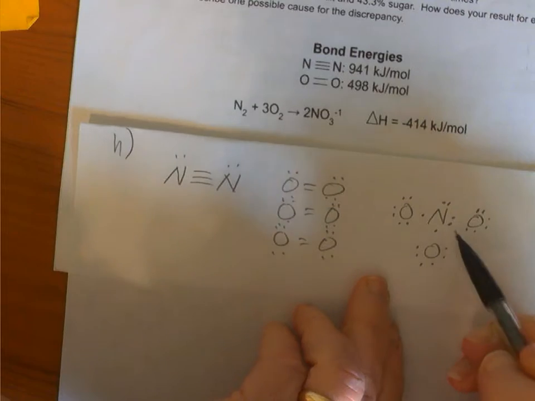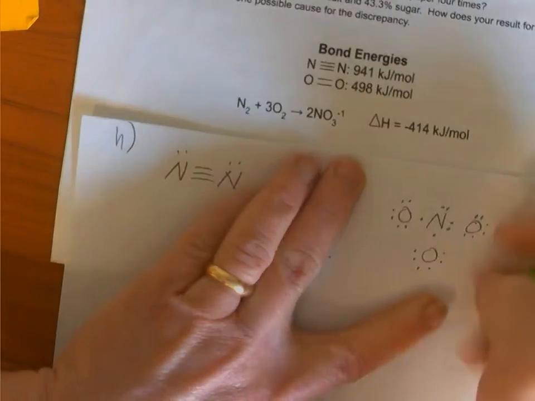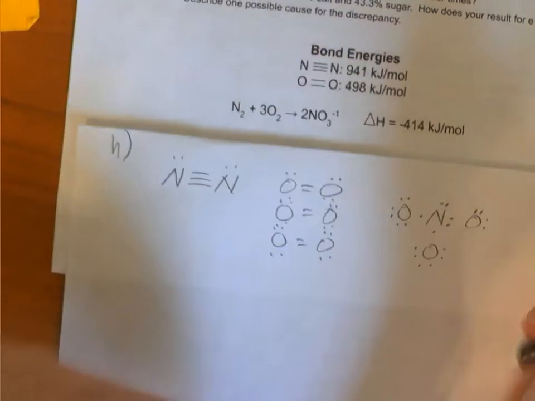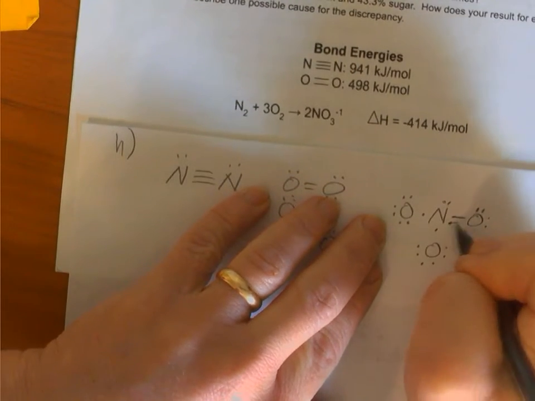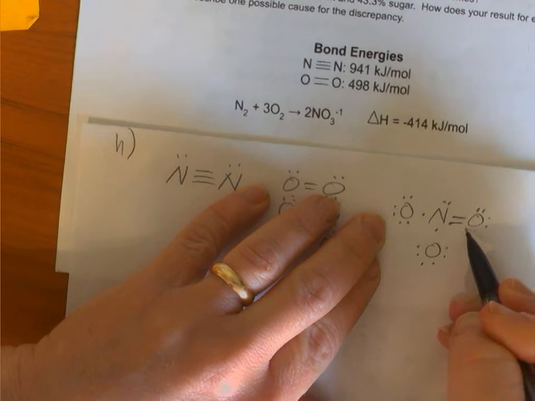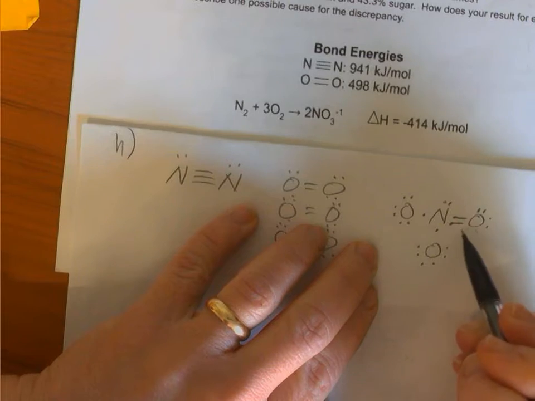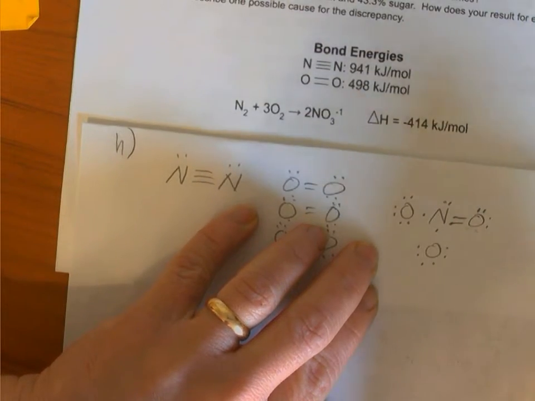So how do we get our bonding? Well, the nitrogen needs 2 more to have its octet satisfied. So why don't we double bond with this first oxygen using 2 electrons from oxygen, 2 electrons from nitrogen. Well, then this has its octet and your nitrogen has its octet.